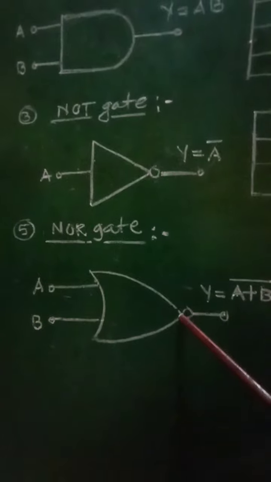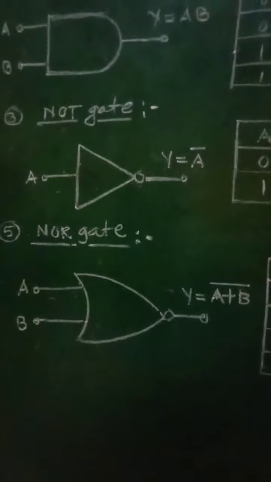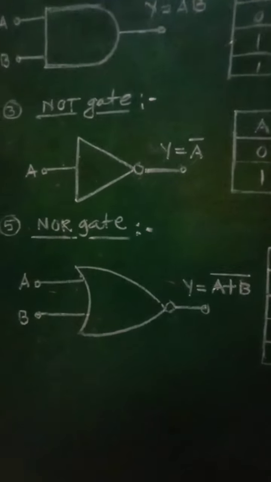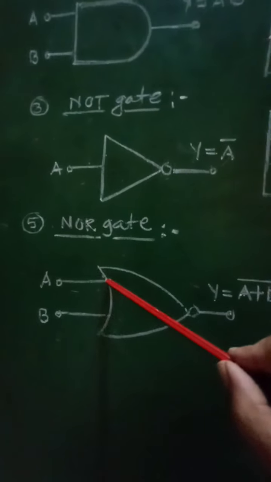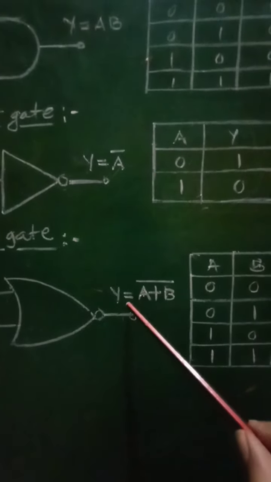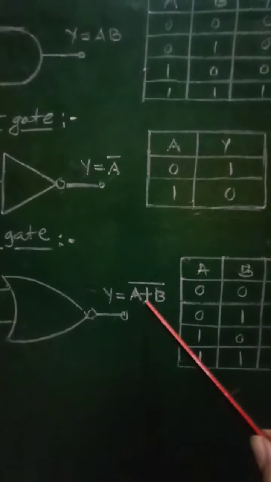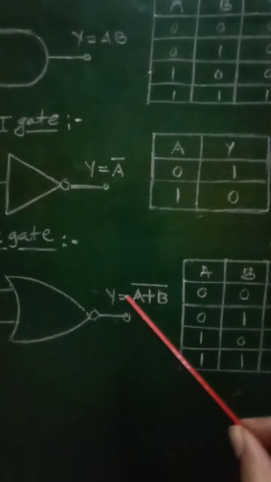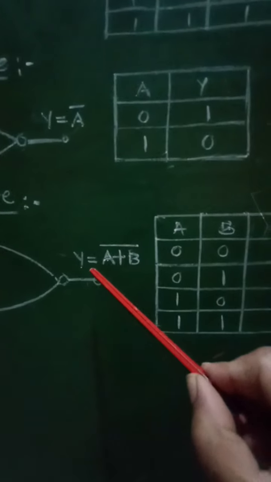Here there will be a small bubble which will represent that the output of this gate will be inverted, and therefore, as shown in the figure, it will have two inputs A and B. Then output will be obtained as y equals (A plus B) bar. That is, A plus B is the output of the OR gate, and it will be inverted at the output of the NOR gate. So the Boolean expression will be y equals (A plus B) bar.